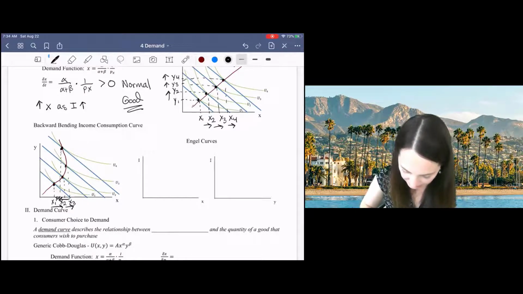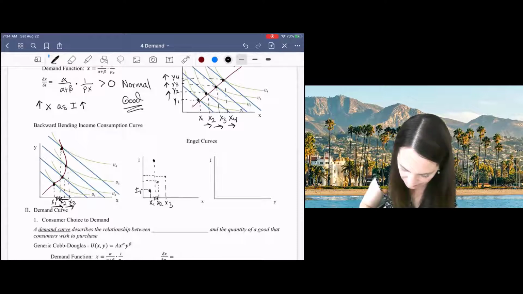At the lowest level of income, I've got X1, and then as my income increases, at first I buy more, but then I buy less.